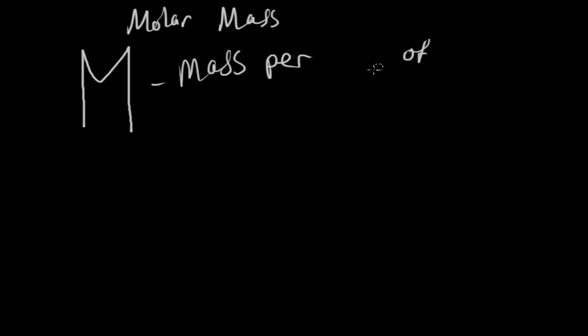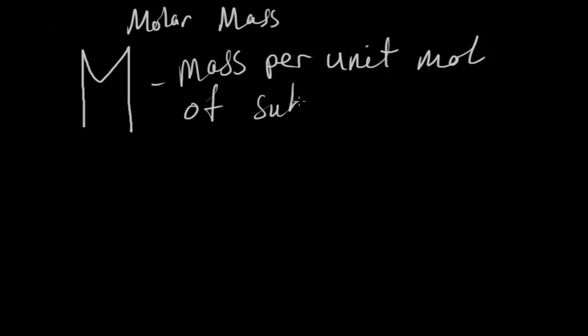Mass per unit mole of substance. So basically this represents the mass that, let's say you had 1 mole of the substance, then this number would represent, for a specific molecule, the mass that 1 mole of that substance would have.